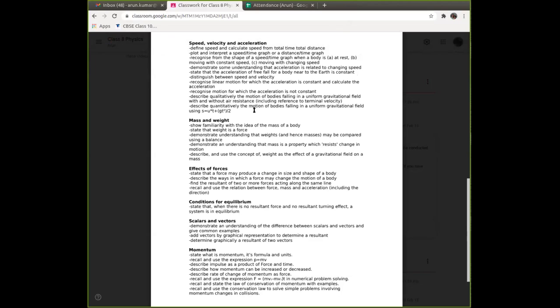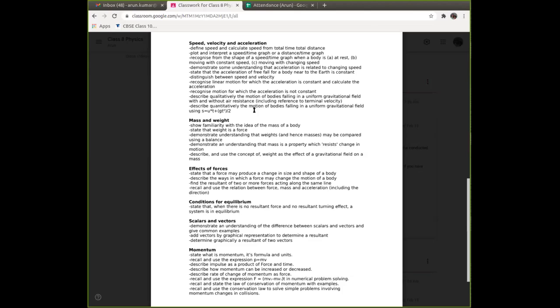Okay. I was asking: describe quantitatively the motion of bodies falling under a uniform gravitational field using s is equal to ut plus gt square by 2. Okay, so although that particular form of the equation you have not seen, you have seen s is equal to gt square by 2. Where did we see it? We saw it under free fall, when an object is falling under the influence of gravity alone.